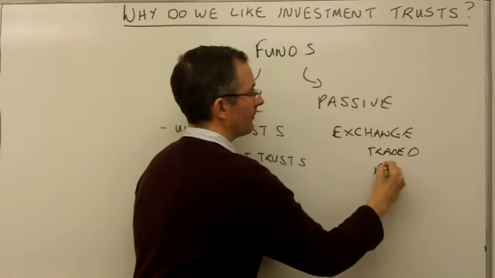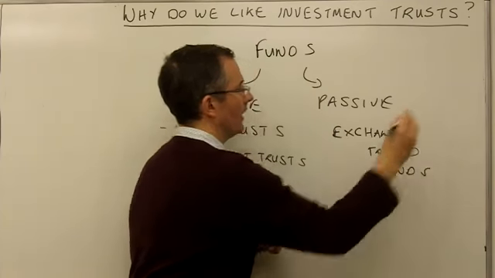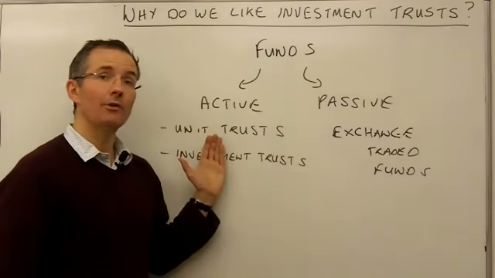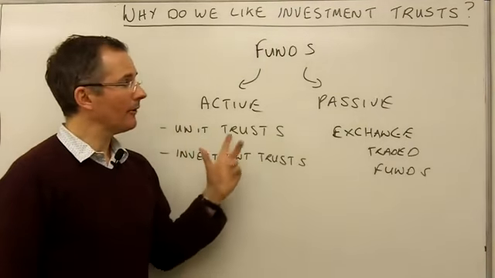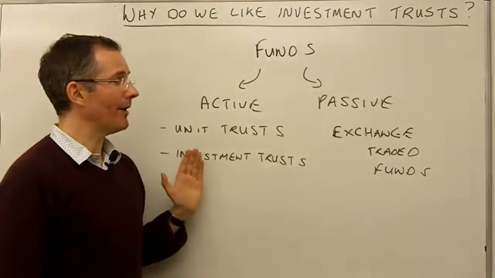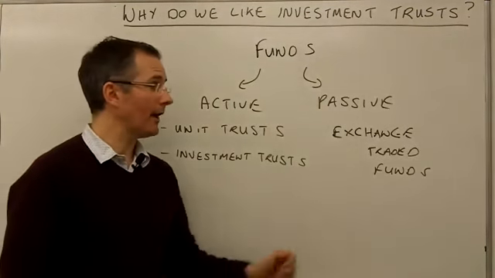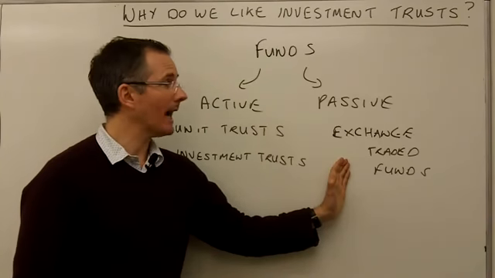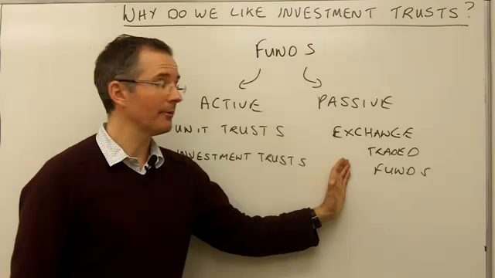Now, this is a slight simplification. I mean, there are passive unit trusts around, but today we're going to focus on actively managed funds, which tends to keep you over here. In another video, we'll take a look at exchange-traded funds, which are mainly trackers or passive, and some of the pros and cons of those.